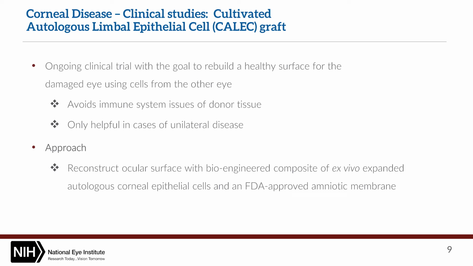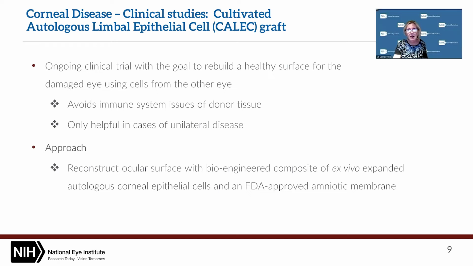Slide, Corneal Disease, Clinical Studies, Cultivated Autologous Limbal Epithelial Cell, or CALEC, graft. The other clinical trial I wanted to highlight is Cultivated Autologous Limbal Epithelial Cell grafts. This is an ongoing clinical trial with the goal to rebuild a healthy surface for the damaged eye using cells from the other eye, and this avoids immune system issues from donor grafts.